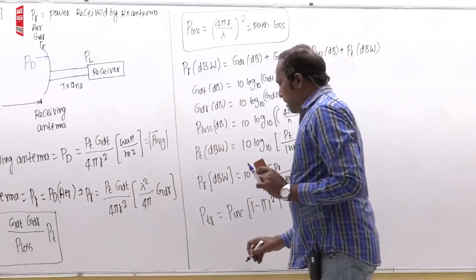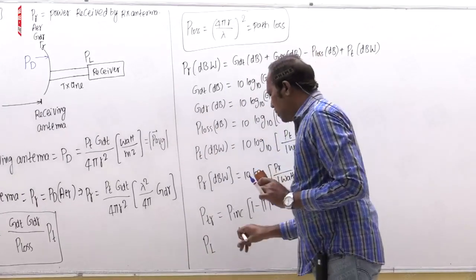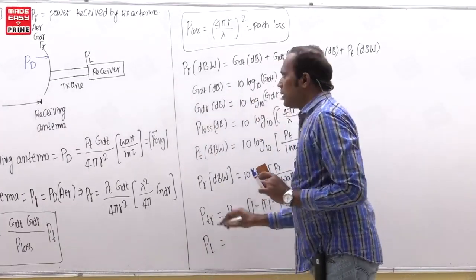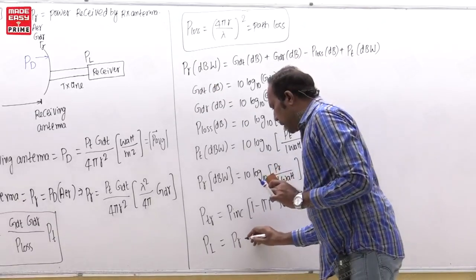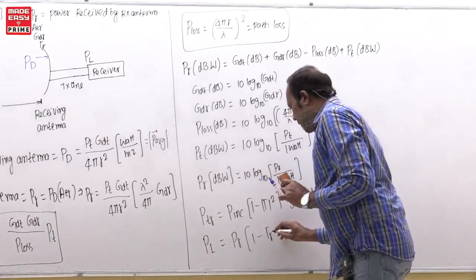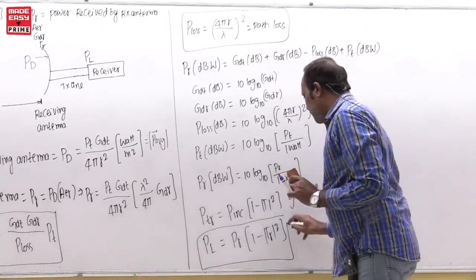Now the power supplied to the load, that means power transmitted into the load, is equal to the power incident, which is PR, into 1 minus the reflection coefficient whole square. This is the equation for power supplied.